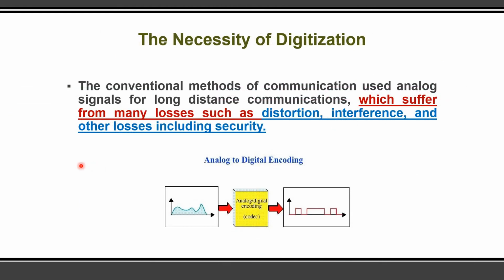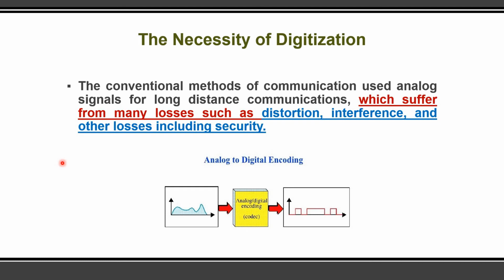So what is the necessity of digitization? With an analog signal itself, we are able to transmit the signal from one point to another. So why are we moving towards digital technology or a digital communication system? What are the specific advantages or importance?